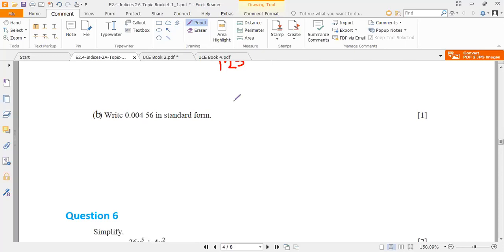Okay. When they say standard form, it means that you write the number with one whole number before the decimal point. You can see that there is a zero before the decimal point, but in standard form, you write it with only one whole number at the front.